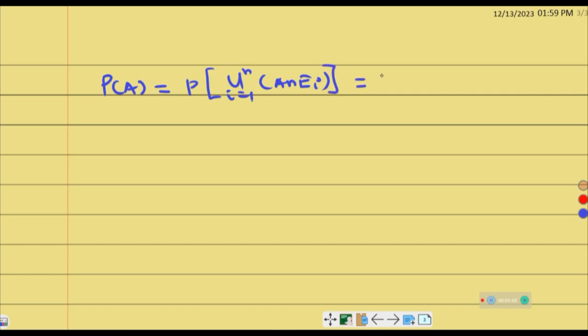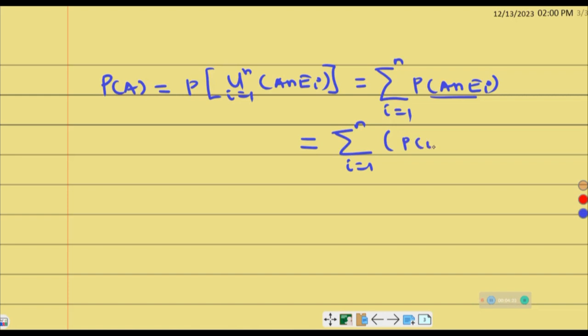Then we can easily write this as the summation from 1 up to n of the probability of A intersection Ei, which can still be written as the summation of i equaling 1 up to n of the probability of Ei times the probability of A given Ei. So this can be written as this.